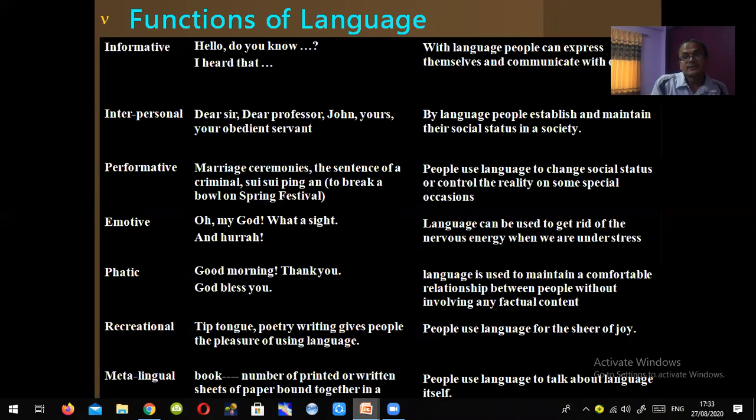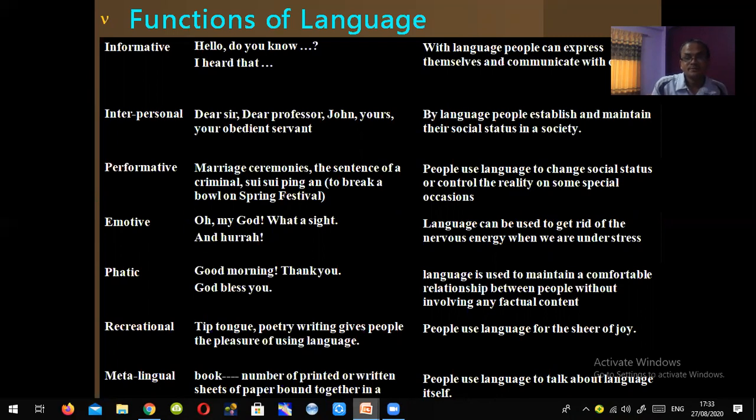Informative function of language: we simply talk about information. We express some ideas and some information to others. Interpersonal: we can communicate by language. Performative: it shows our social status or controls reality on some special occasions.